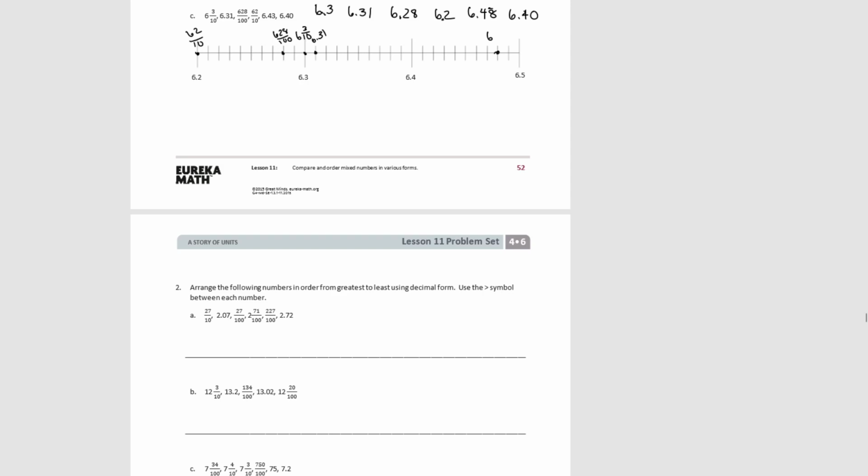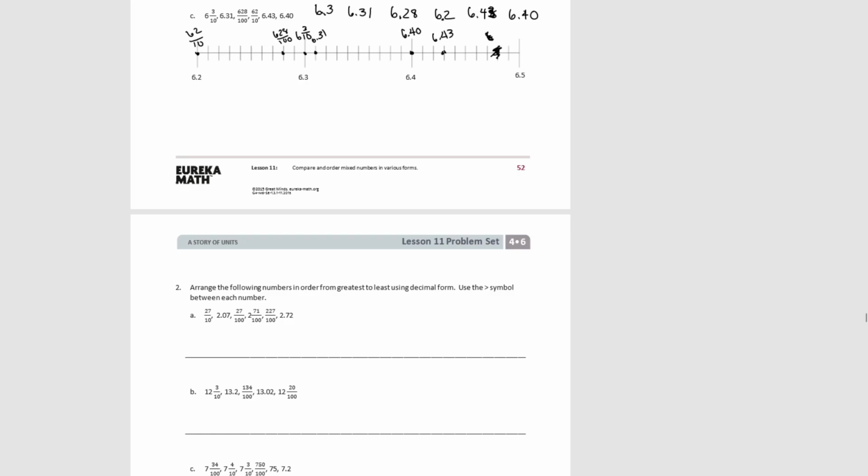Actually, I think that's a 3. So I'm going to do, okay, 6 and 43 hundredths, sorry about that. And the last one is 6 and 40 hundredths, which is the same as 6 and 4 tenths. So now I've plotted all my numbers on my number line.